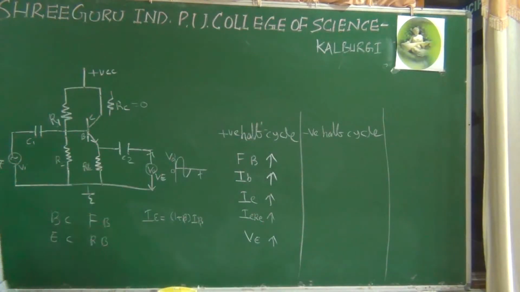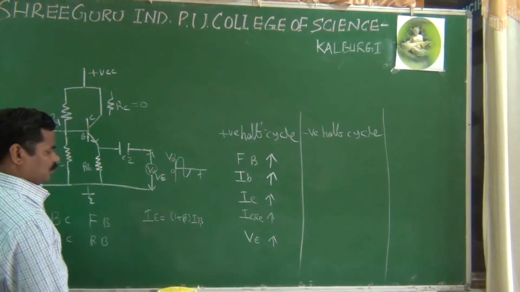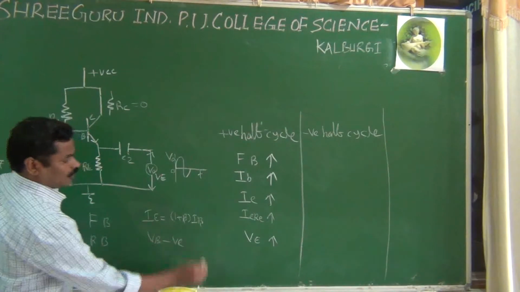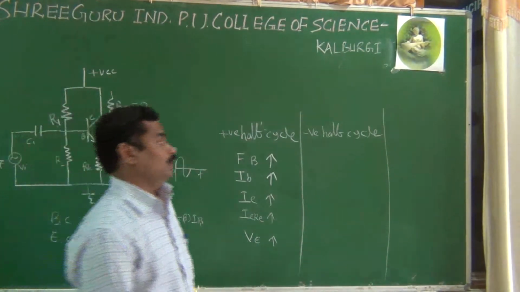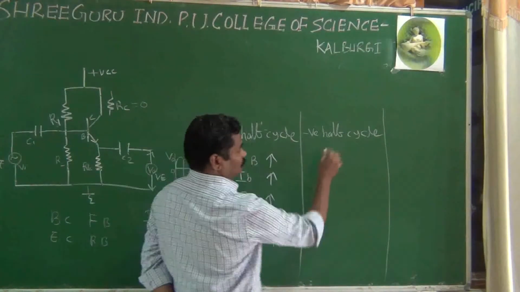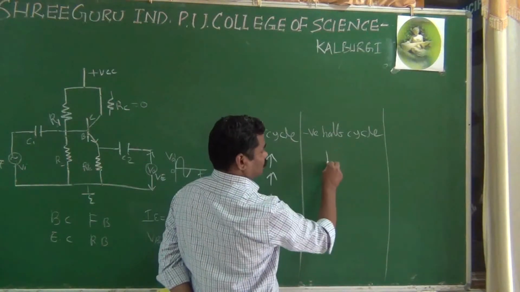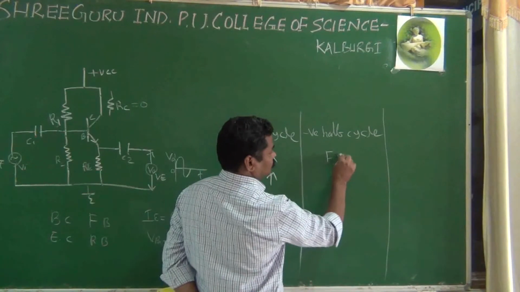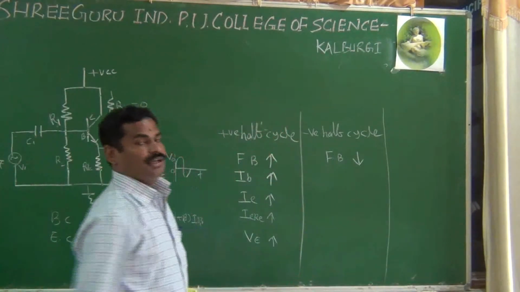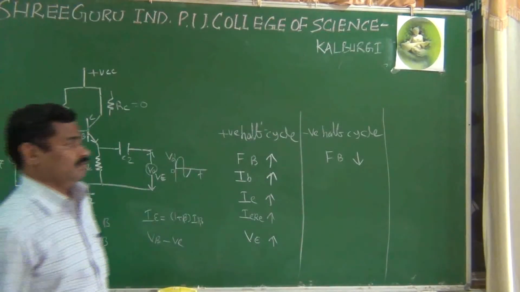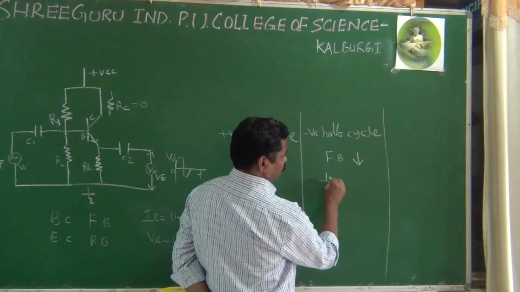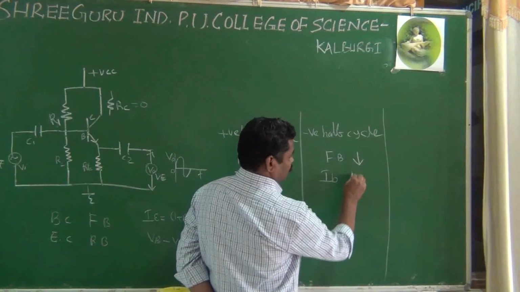In the same way, you go for the negative half cycle. For the negative half cycle, VB becomes negative. It means totally opposite to this. The forward bias will decrease. As you know, when the forward bias decreases, the input current IB also decreases.